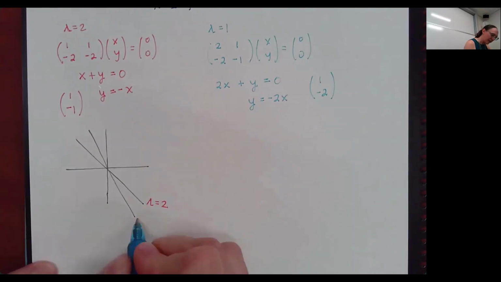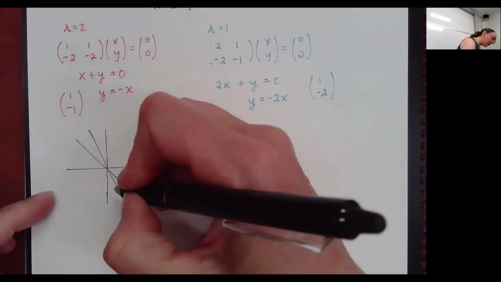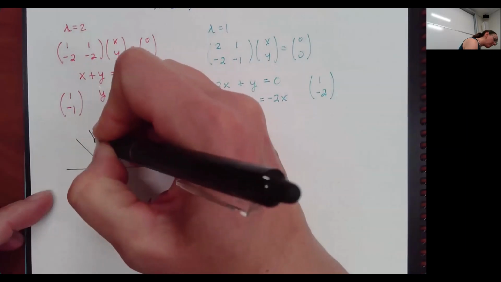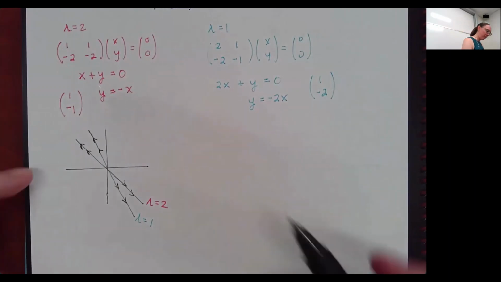And this is my eigenline where lambda equals +1. So along those 2 eigenlines, because they're both positive, I know we're moving away from the origin. And if I made other trajectories, all of the trajectories are going to move away from the origin.